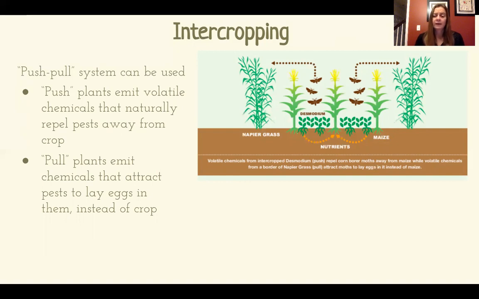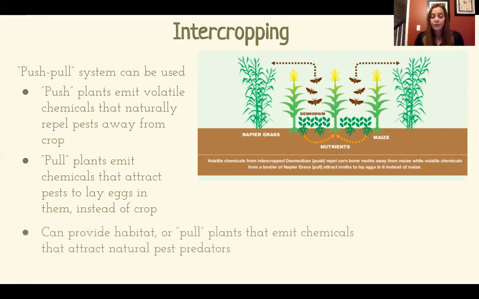So we plant desmodium in between the rows of our crops. Those emit a chemical that moths don't like, and it repels them away. At the same time, they're planting napier grass around the crop, and that pulls the moths towards it so that it lays the eggs and therefore the caterpillars in the napier grass instead of in the corn.